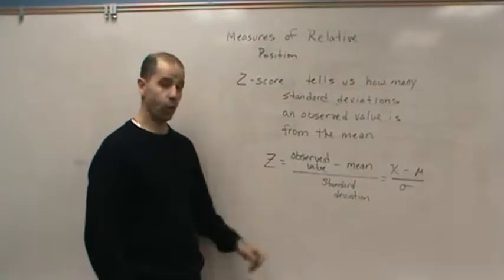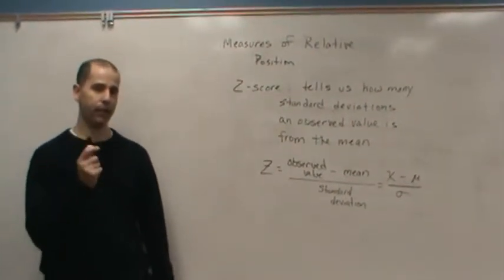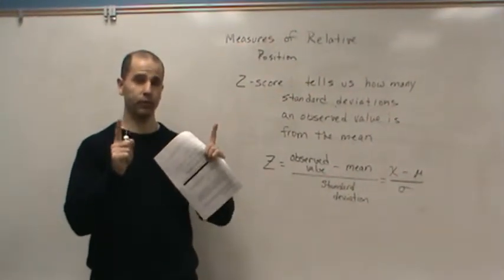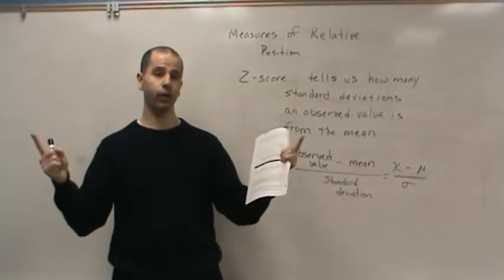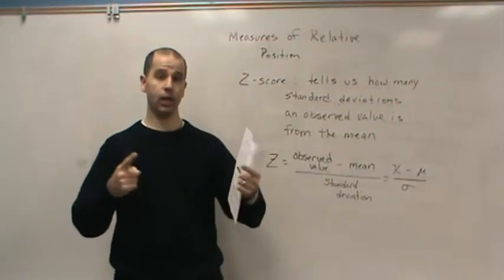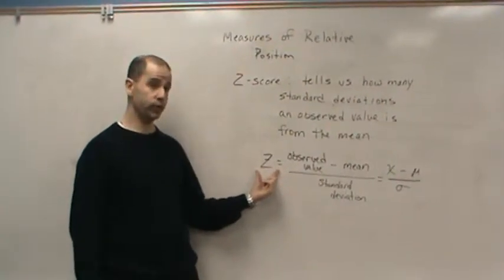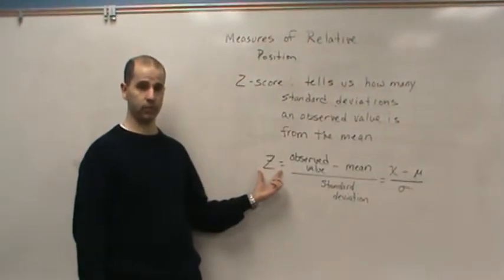Now the z-score is important because it gives me a way to make an apples-to-apples comparison between two values within one population, or two values from different populations that are bell-shaped and symmetric. One thing you have to remember is that z-score only works when you're dealing with symmetric and bell-shaped distributions.